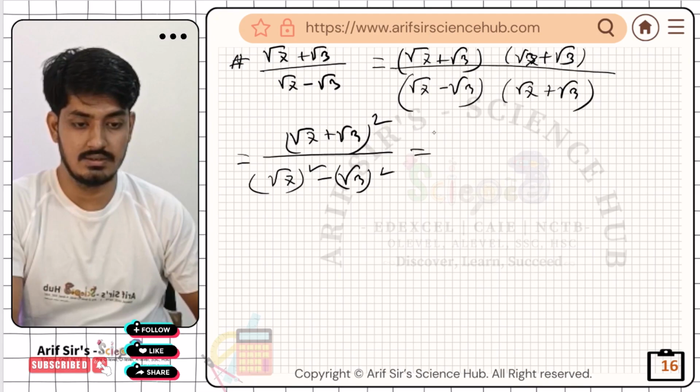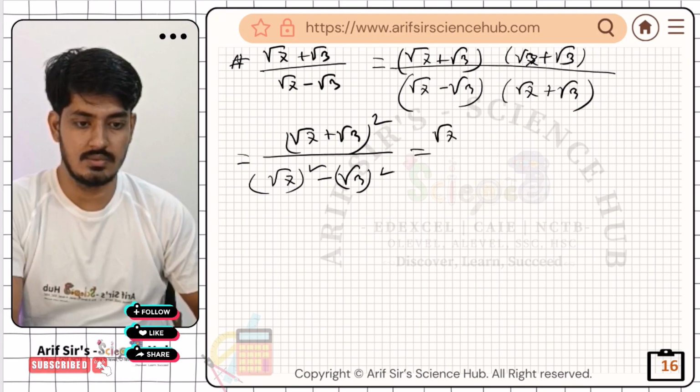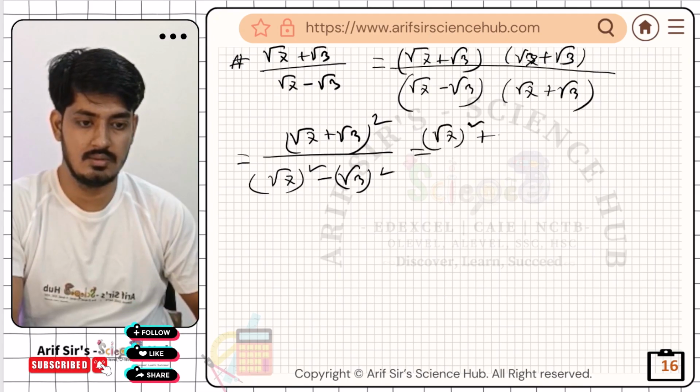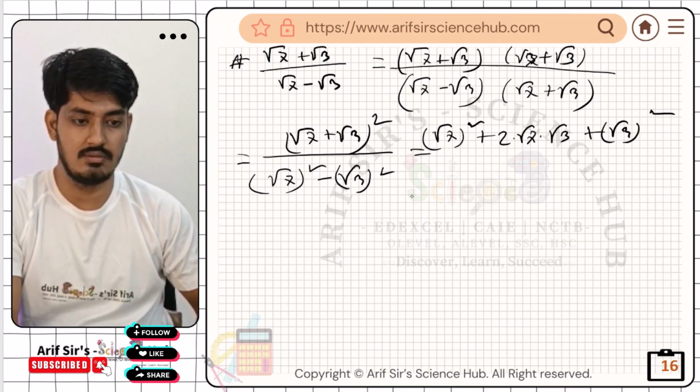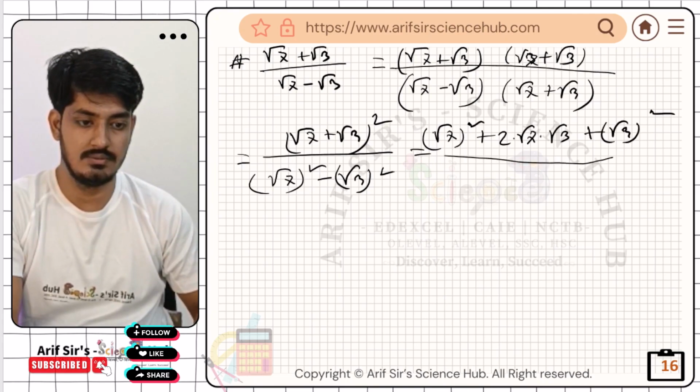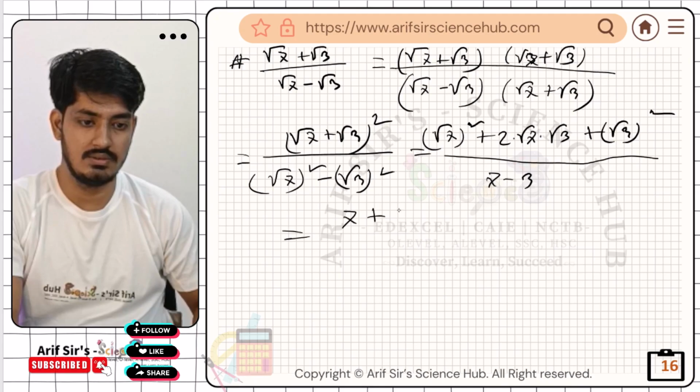We can easily write root 7 whole square plus 2ab plus b square is the equation of a plus b whole square. And here 7 minus 3, we can write 7 plus 2 root 21 plus 3.